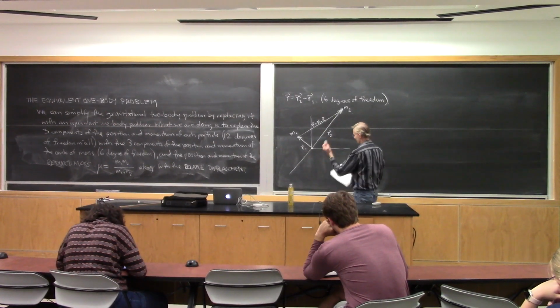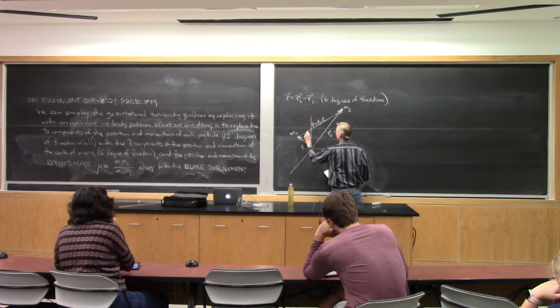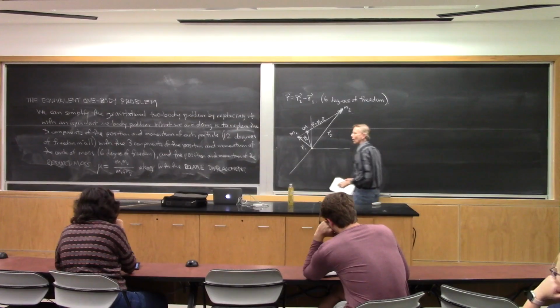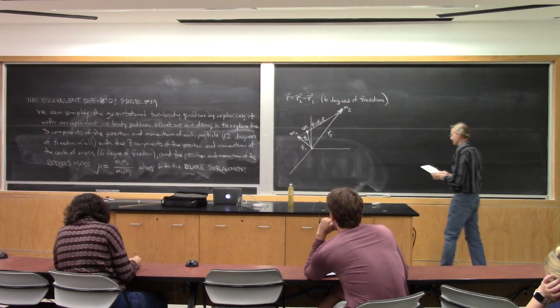I haven't specified masses here, but let me arbitrarily suppose that in this case there's the center of mass right there, and we're going to call capital R the position vector of the center of mass.